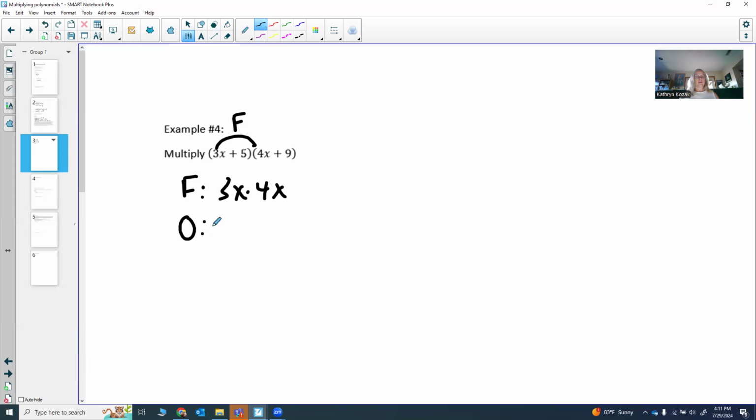Outer, the O stands for the outer, and that's going to be the 3x times the 9. The I stands for the inner two, which will be the 5 times 4x. And then the L stands for the last, and that will be 5 times 9.